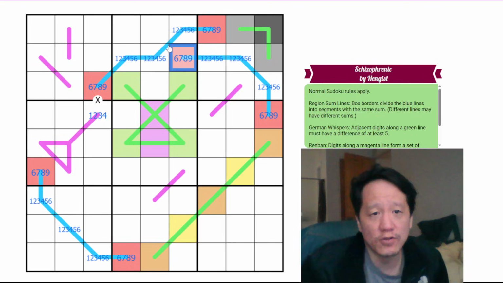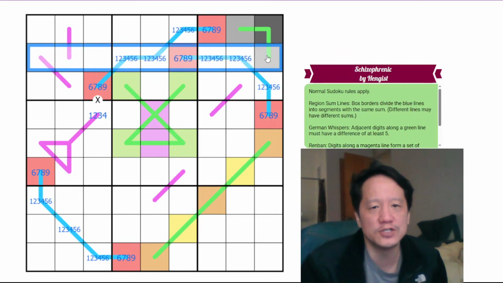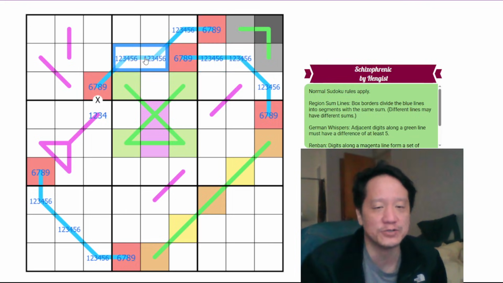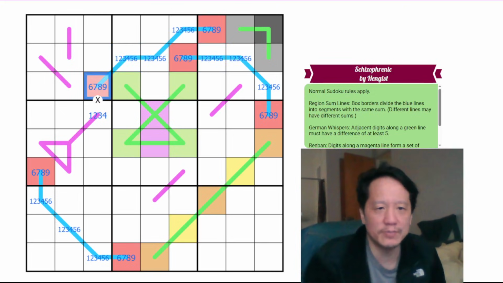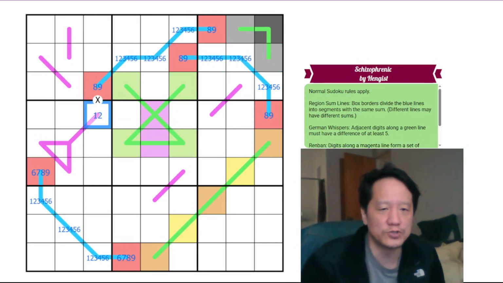If you have all of them add up to 7, this is 1, 2, and 4, and we'd have 4 cells trying to contain only 1, 2, and 4. So this cannot be 6 or 7. It's 8 or 9. This is 8 or 9, and this is 8 or 9. So these are all the same digit. This must then be 1 or 2.